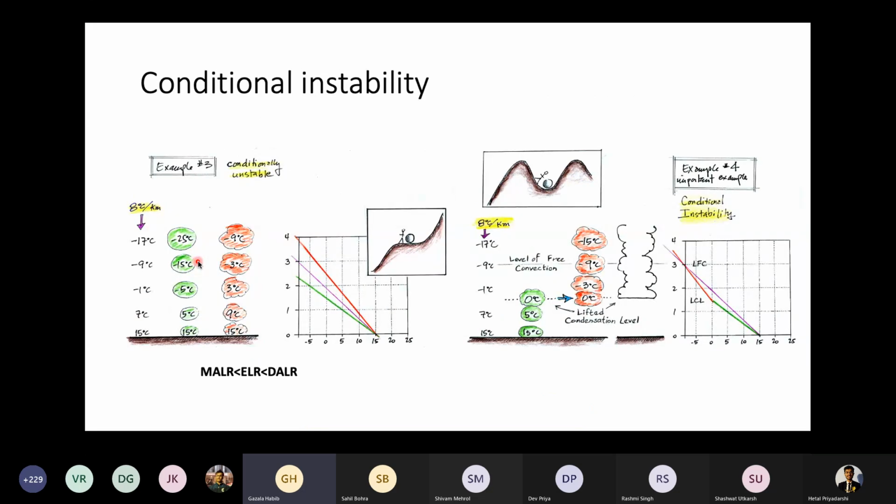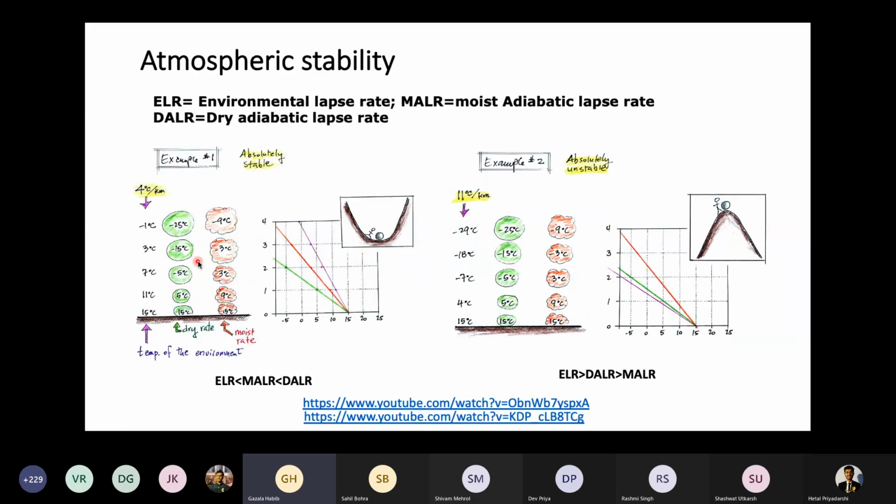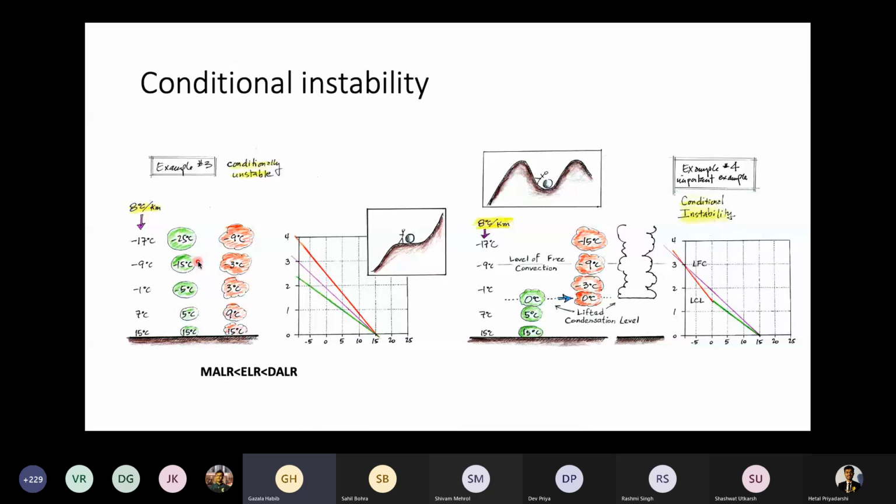Now, conditionally unstable. If the case is in between the two cases we have discussed, 4 degrees and 11 degrees centigrade, say the environmental lapse rate is 8 degrees centigrade per kilometer, then what will happen?